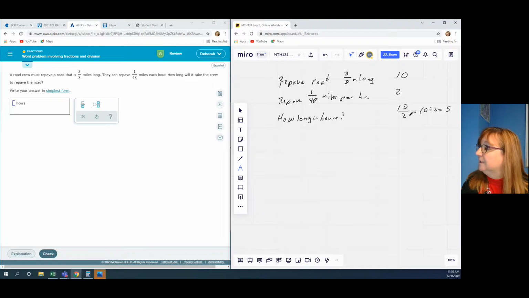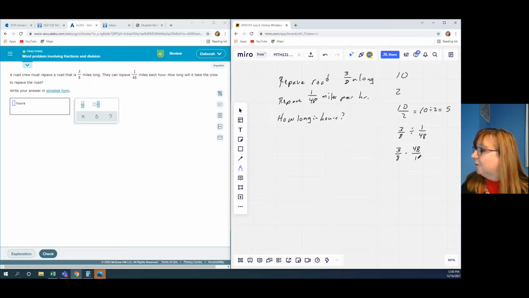Now I'm going to replace my 10 with 3/8 divided by, I'm going to replace my 2 with 1/48. To divide this, I keep the first fraction and flip the second one. I take the reciprocal.